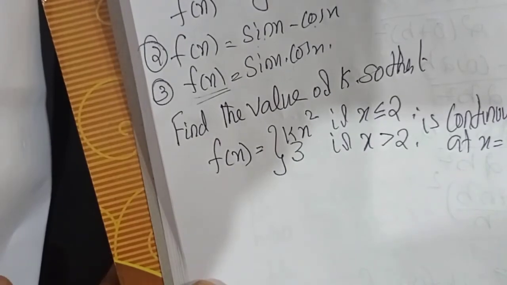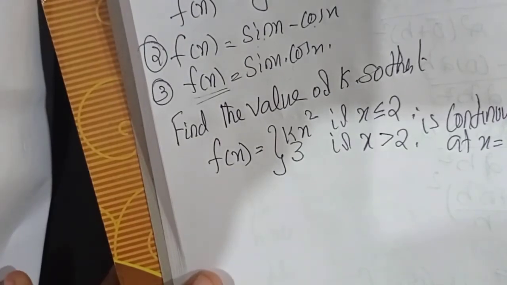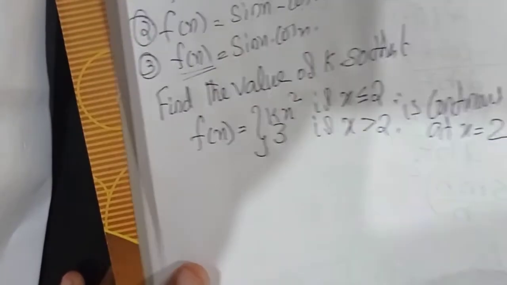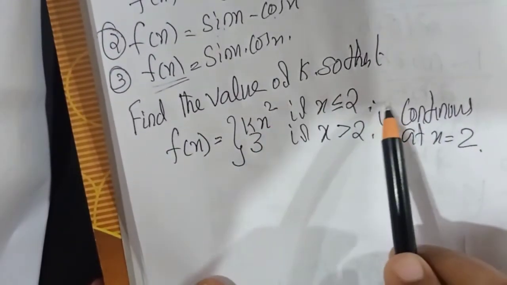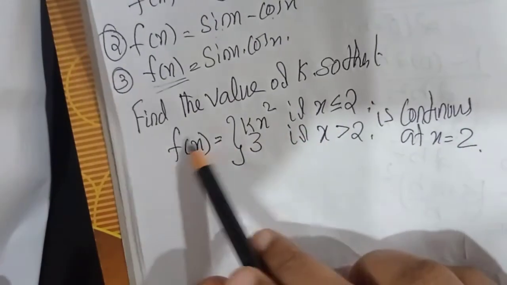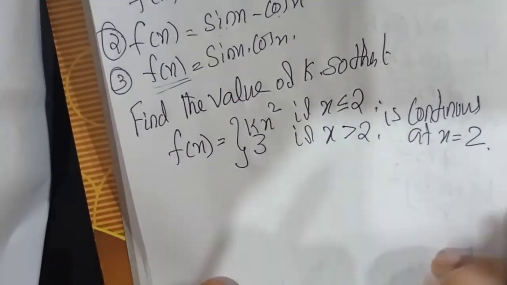Here our aim is to find the value of k. The condition is already given. This f(x) is continuous at x equal to 2.